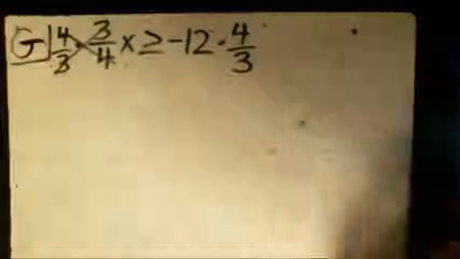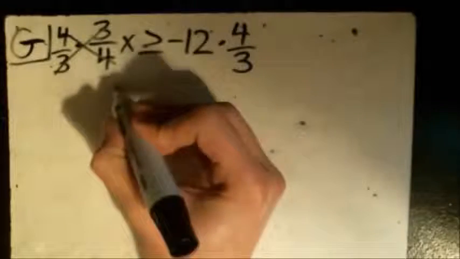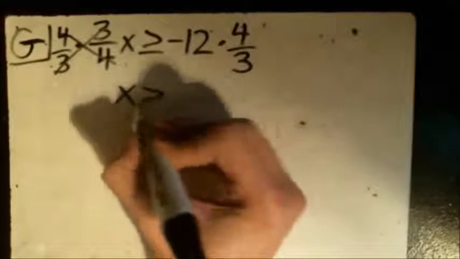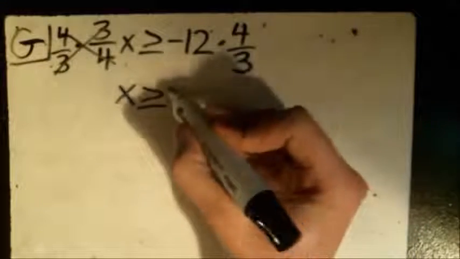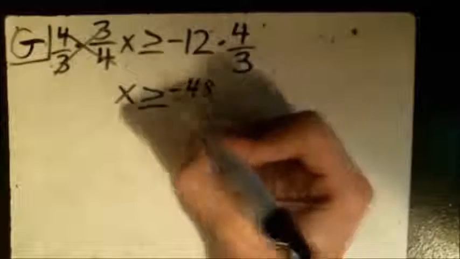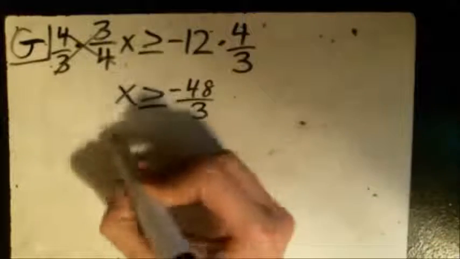All right, so the 3/4 and the 4/3 cross each other out. I multiplied by a positive, so I don't have to flip the sign. And then if I do negative 12 times 4, I get negative 48 over 3. And then negative 48 divided by 3 would be negative 16.